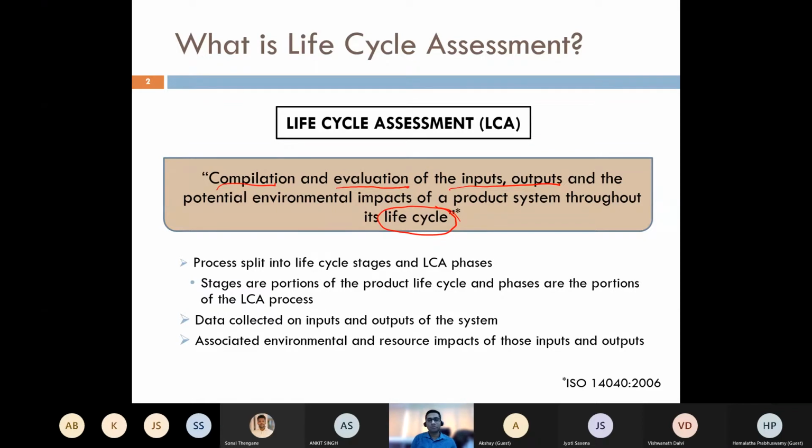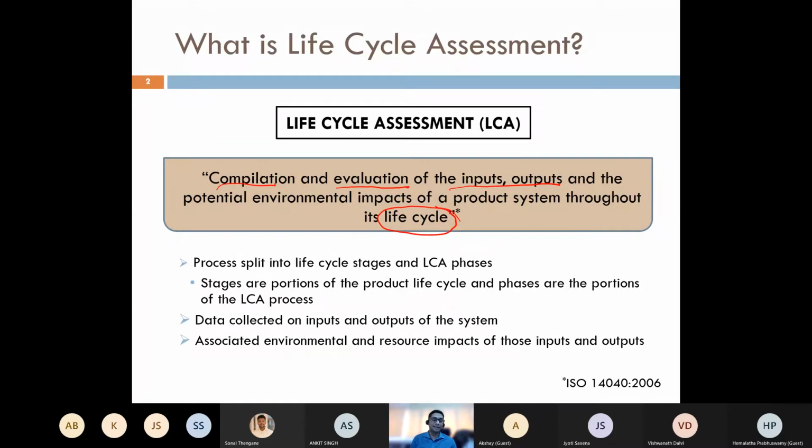Now these inputs and outputs could be at different product stages. Suppose we grow biomass, a lot of inputs will go into it. You need machinery for sowing or for tilling the soil in the first place. Then you need fertilizers, you need pesticides, you need harvesters. And once the crops are there, you need to separate the crop components.